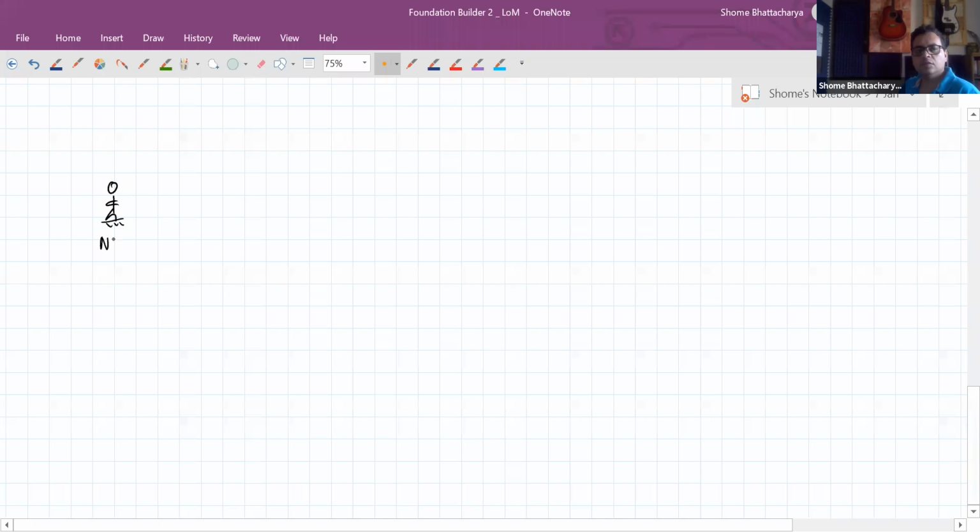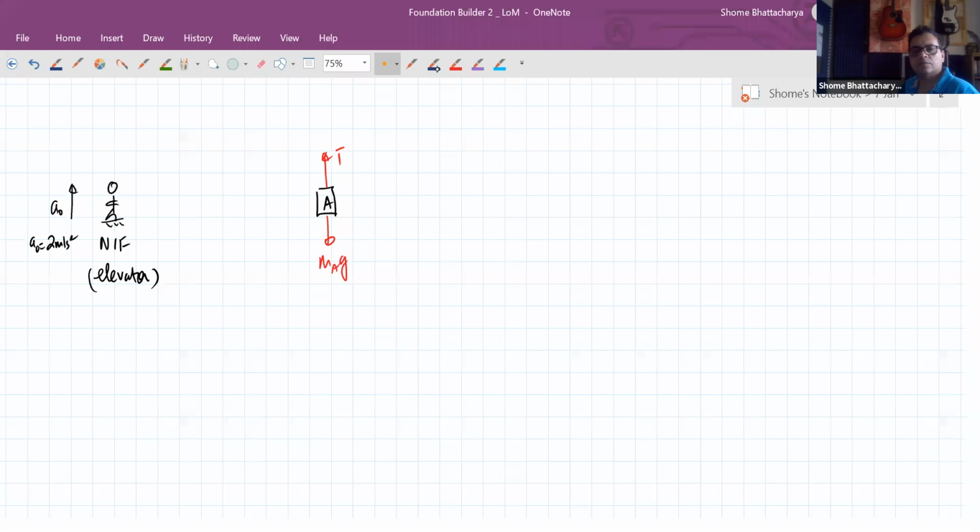So in the non-inertial frame associated with the elevator, that frame itself has an upward acceleration of a0. We know a0 is equal to 2 meters per second square. So in that, if we look at the free body diagram of the body A, there will be the forces tension, weight, but there will also be pseudo force, and what will be the direction of the pseudo force?